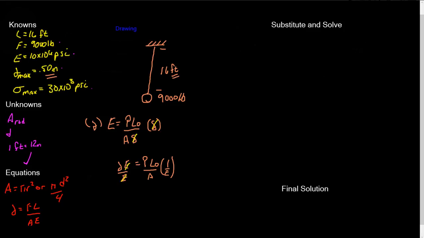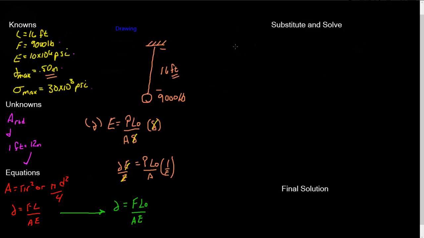And then what I end up with is my formula here in green, which says that my delta equals the force, L sub 0, divided by A, E. That is how we arrived at that equation. So now I'm really down to substituting and solving. Let's do that over here in white.